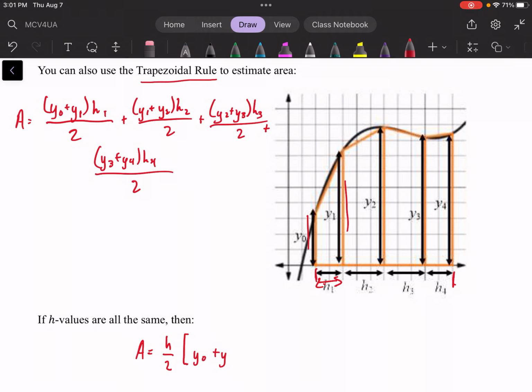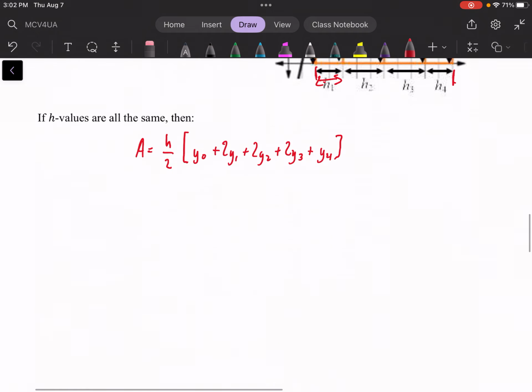You actually have two y1s. You have two y2s. You have two y3s. And you have just one y4. And then you can calculate this a little faster, a little easier, only if these values of h are all the same size. So let's take a look at our last example.